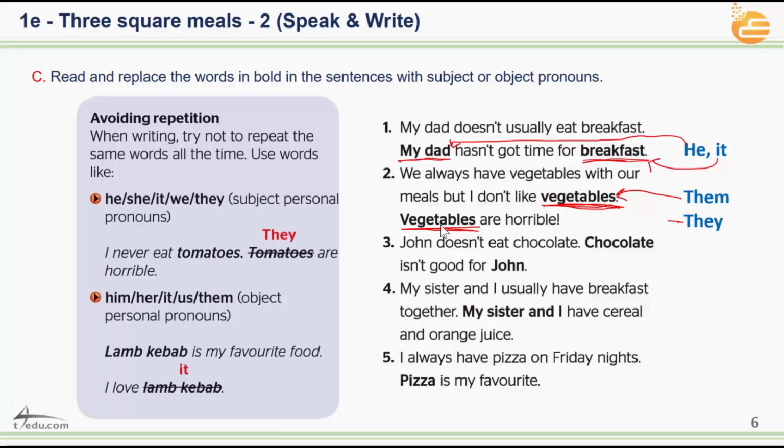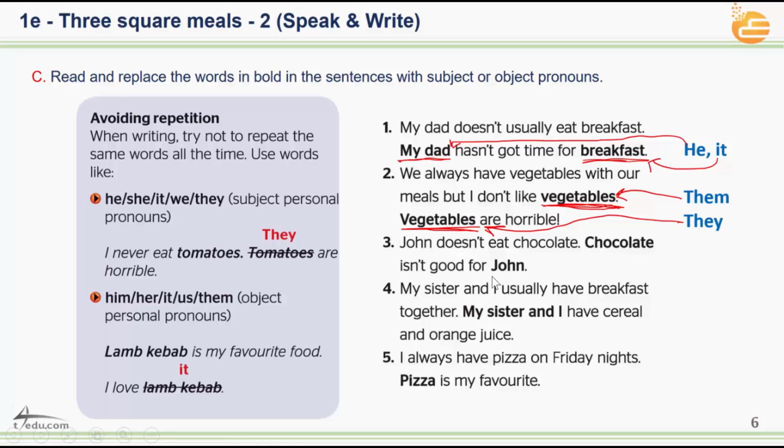So we have to put it here. Okay. Very nice. These two sentences are: we always have vegetables with our meals, but I don't like them. They are horrible.